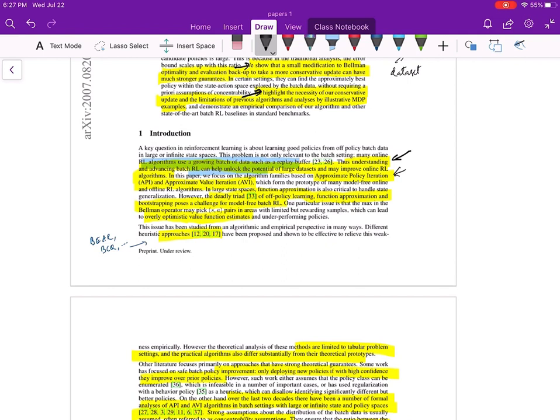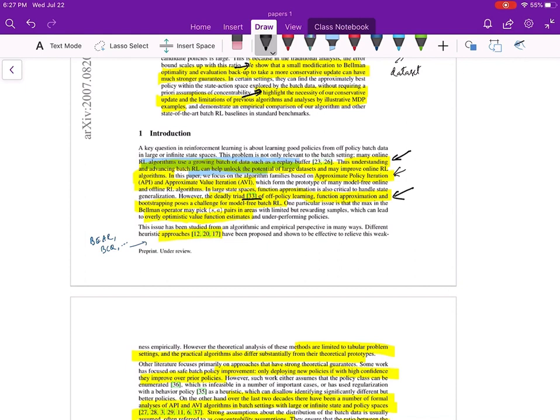However, the deadly triad of off-policy learning, function approximation, and bootstrapping poses a challenge for model free batch RL. Interested readers can look at this reference for what kind of theoretical limitations you would find with these three challenges in the problem.